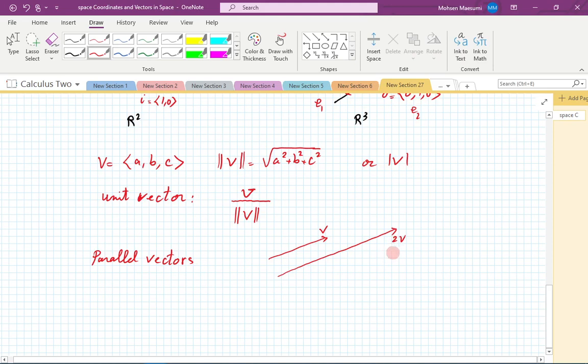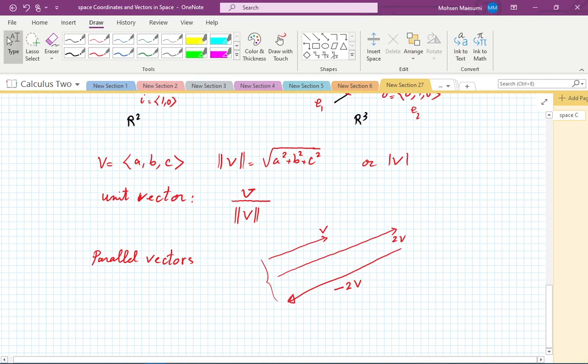Notice that if you also multiply by a negative number, as far as our text is concerned, these are all considered to be parallel vectors, like minus 2V. So these two are in the same direction, and these two are in opposite directions, but all of them are considered to be parallel to each other.